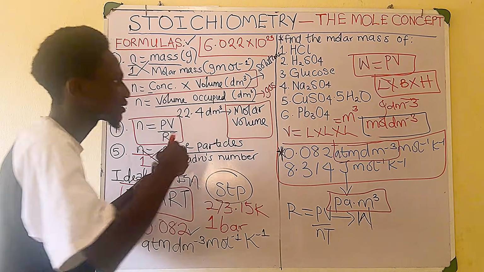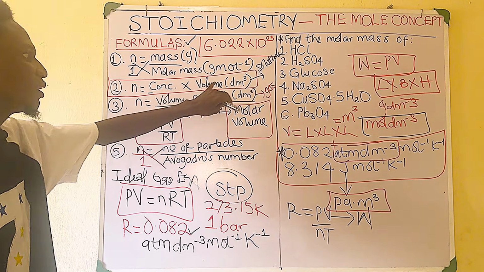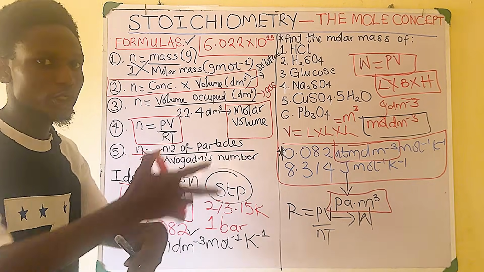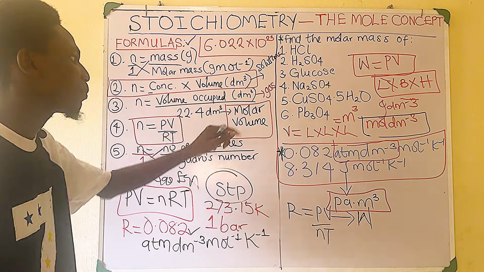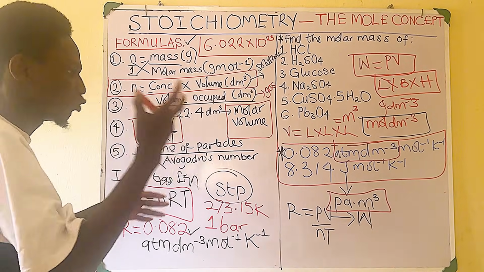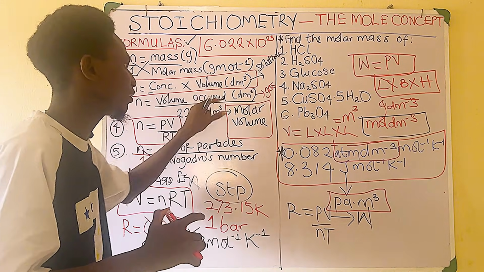So this one is for gas, this one is for solutions. They can say look for the volume in dm cube occupied by an aqueous solution of HCl, using this one. Or they say look for the volume of gas occupied by a gas at molar volume, or look for number of moles. This is the formula. So you know the difference between the 2 volumes here.